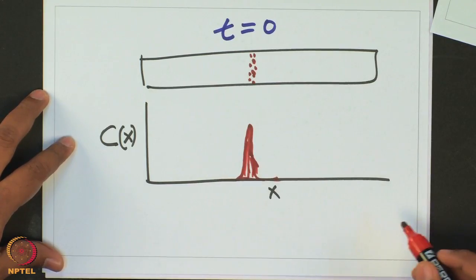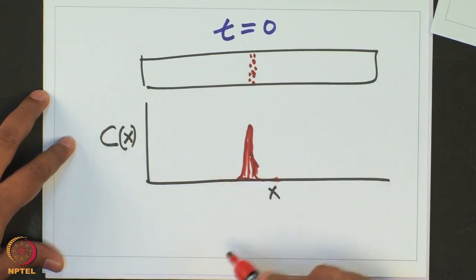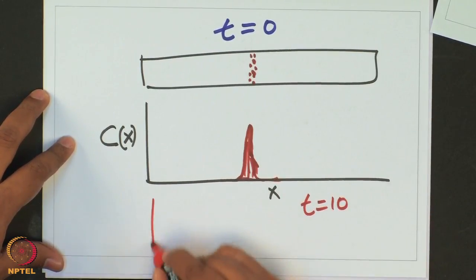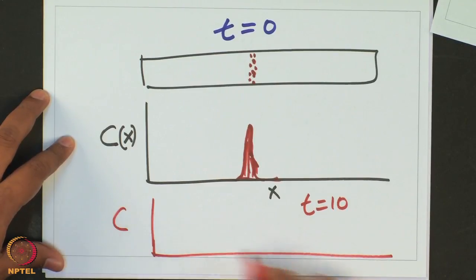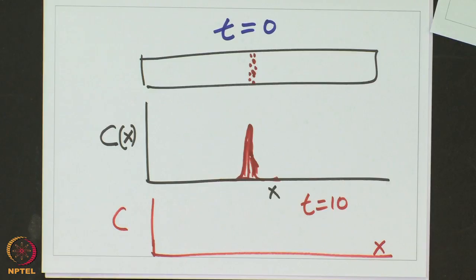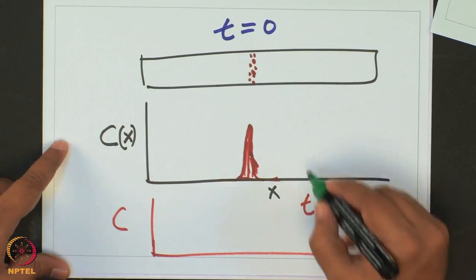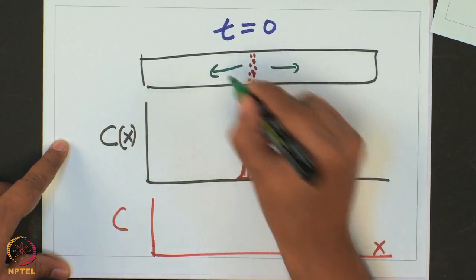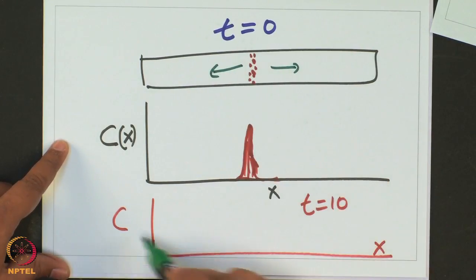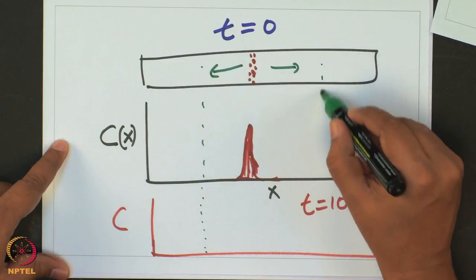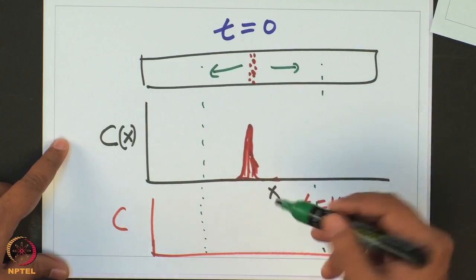Now after 10 minutes, when you look at t equal to 10 minutes, how will that concentration versus x appear? It turns out that as time progresses, this would diffuse this way and this would diffuse this way. And the concentration at these x values, for example here and here, would be slightly higher.